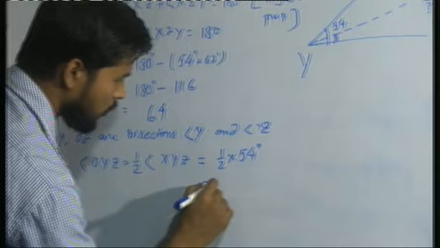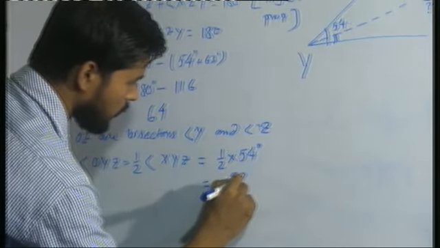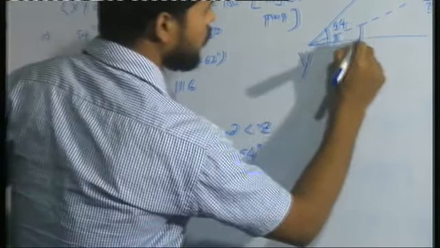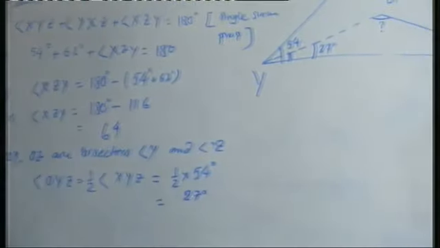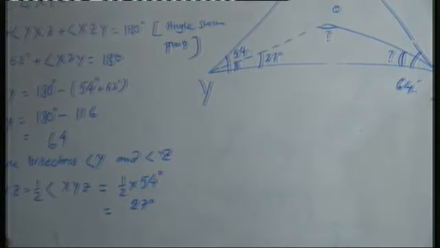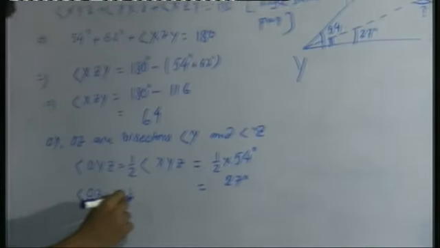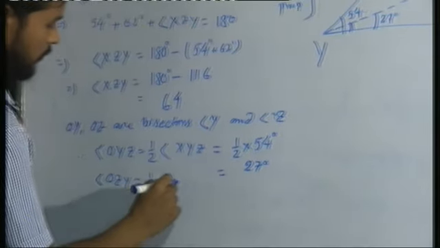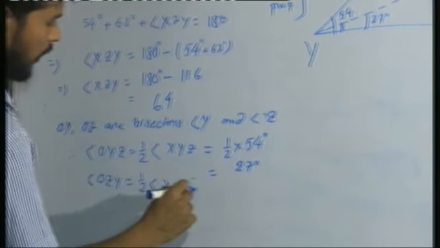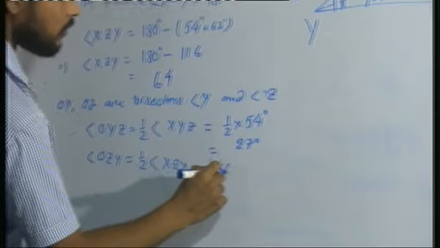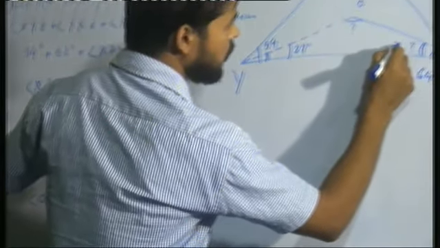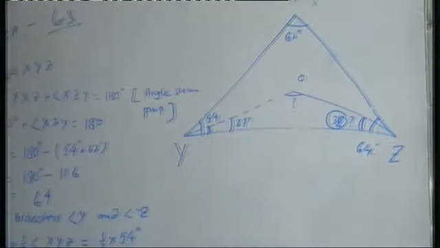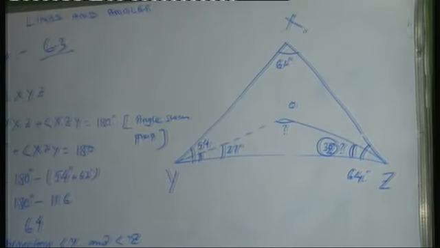Now calculate it, 27 degrees. So this angle is equal to 27 degrees. Similarly, calculate the value of this angle OZY. Angle OZY is equal to half of angle XZY, and that is half of 64 degrees, which is equal to 32 degrees. So this angle is equal to 32 degrees. So one answer is now known. This angle is equal to 32 degrees.